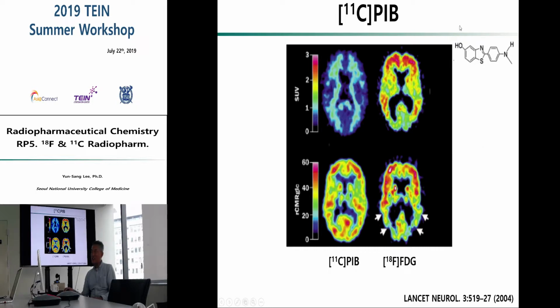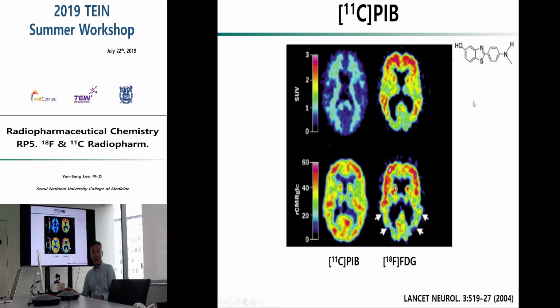In this case it is a C11 labeled one, and because C11 has a 20 minute half-life, it cannot be sold outside of the production site. So every radiochemist wants to make an F18 version of PIB. A huge amount of research funding went into that research.